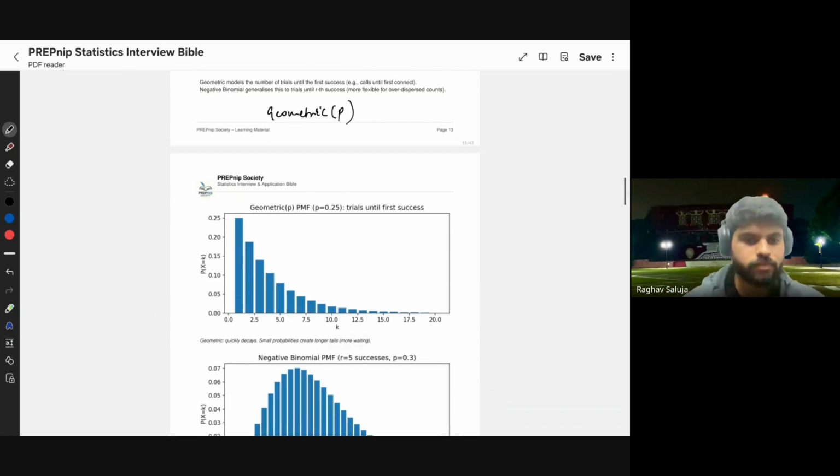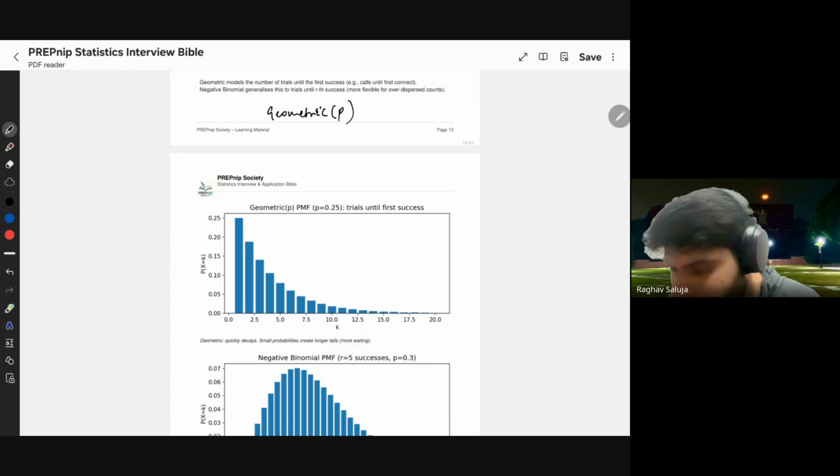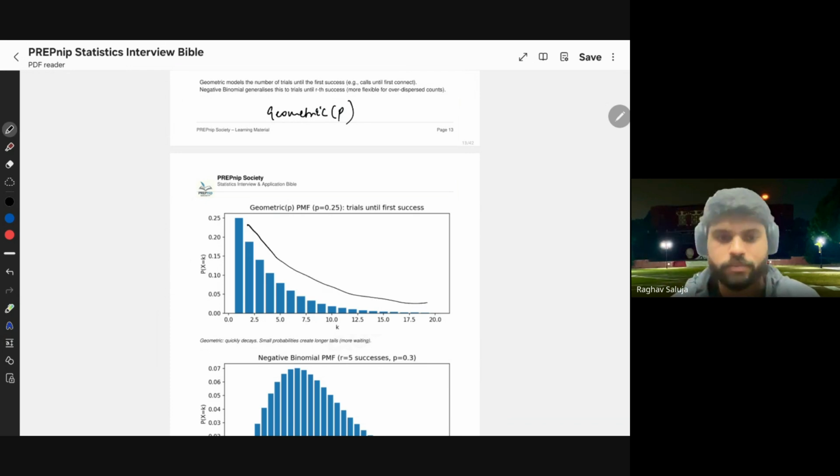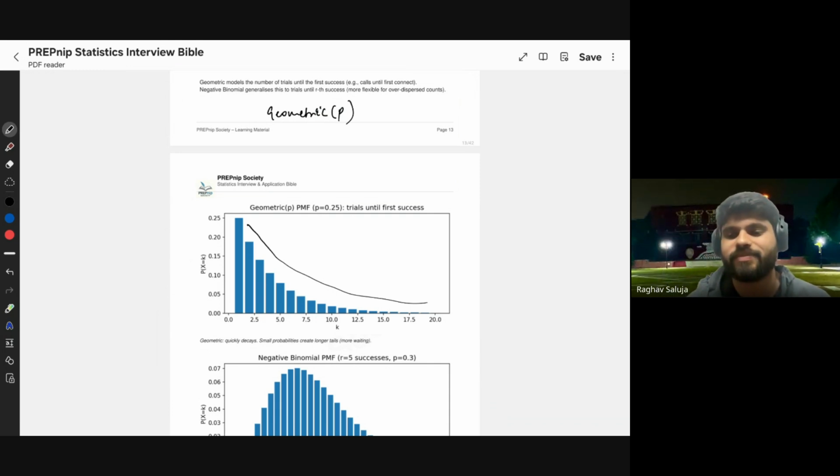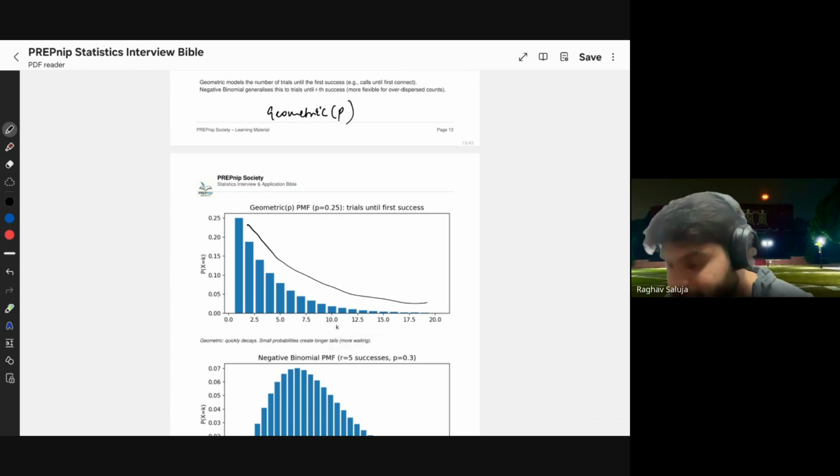Look at the shape here. It starts high and drops fast, right? Why? Because it's most likely you succeed early. It's rare to fail 100 times in a row. I hope you get it what I'm saying. कि 100 बार लगातार fail होना is a rarity.